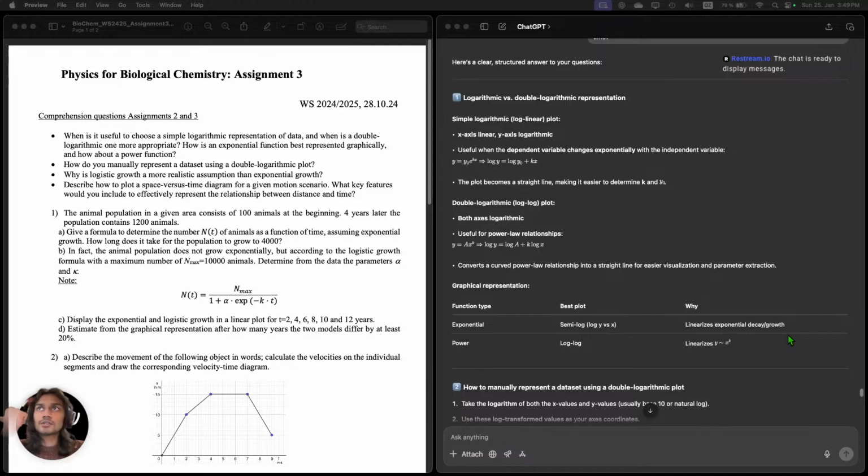So double logarithmic plots convert power rate to linear, and single logarithm or semi logarithmic converts exponential to linear.